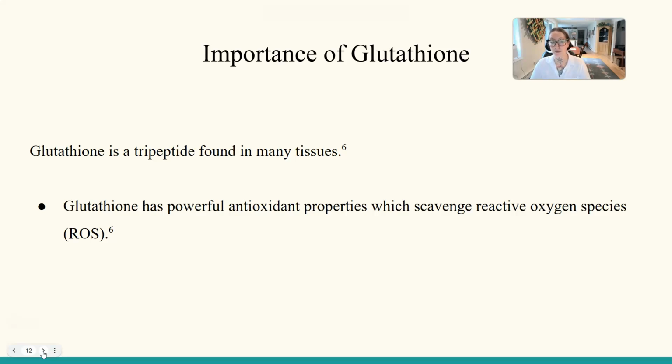Importance of glutathione. Glutathione is a tripeptide found in many tissues. Glutathione has powerful antioxidant properties which scavenge reactive oxygen species, also termed ROS for short.